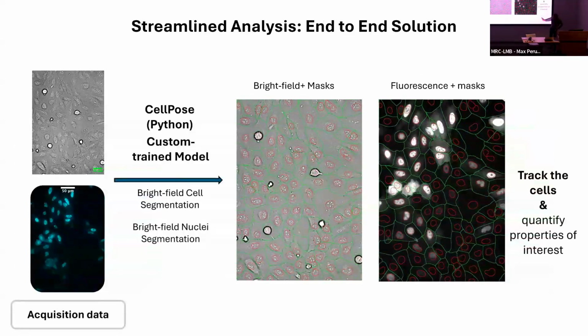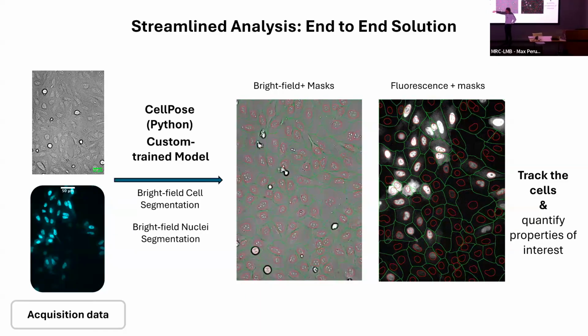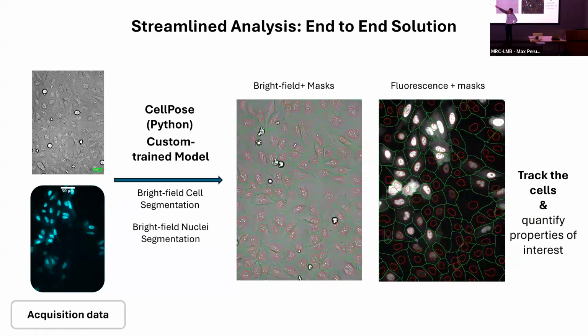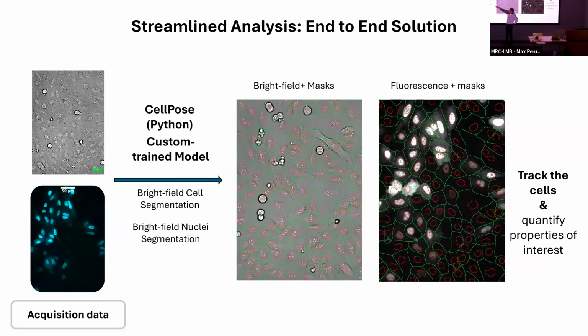So the end-to-end solution is that we can put all of that into a single model. We're on the microscope, we're collecting the fluorescence channel and the bright field channel, except this time there's two slightly defocused images.